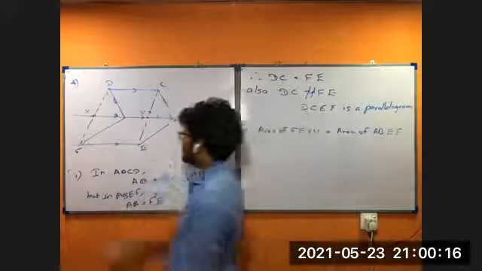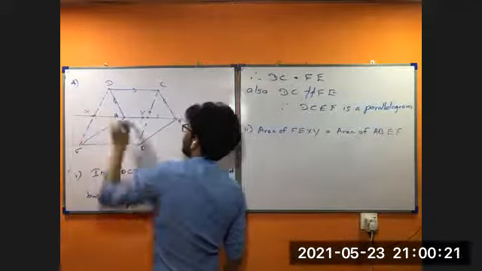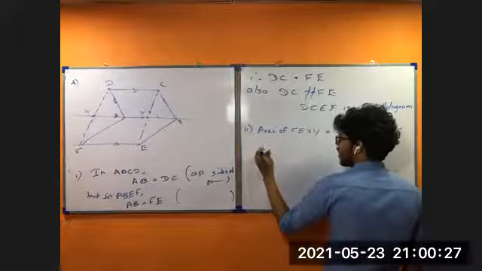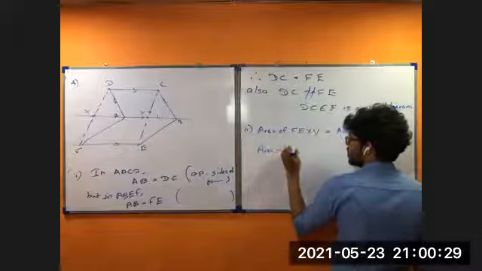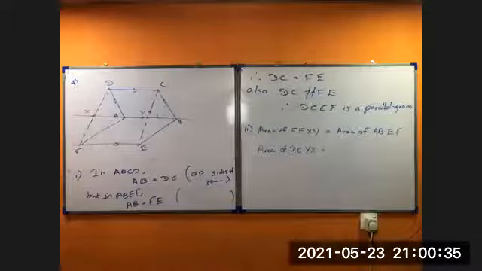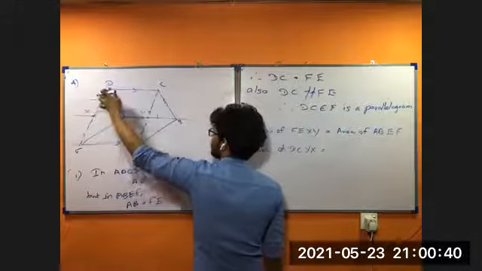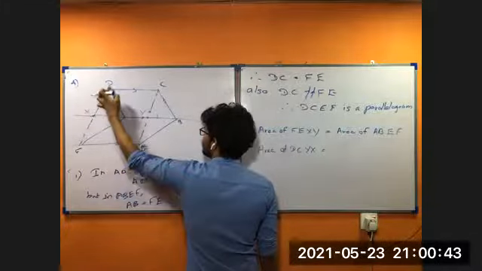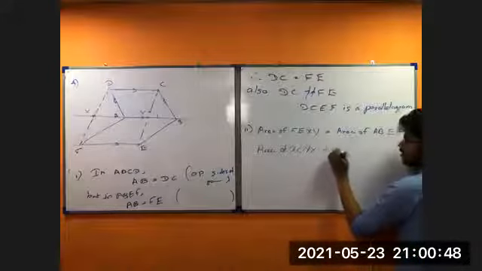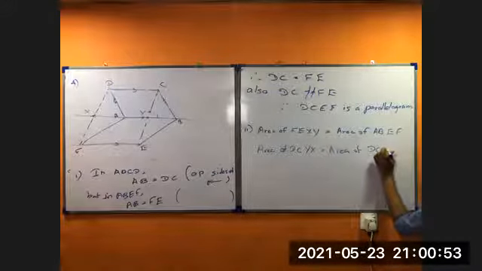Then this part, okay, done. Then let's go to the top part, that is DCYX. Area of DCYX is equal to what? Again, same base between same parallel lines. So area of DCYX is equal to area of this parallelogram. Again, you are using your theorem. You can write it is equal to area of DCBA, right?